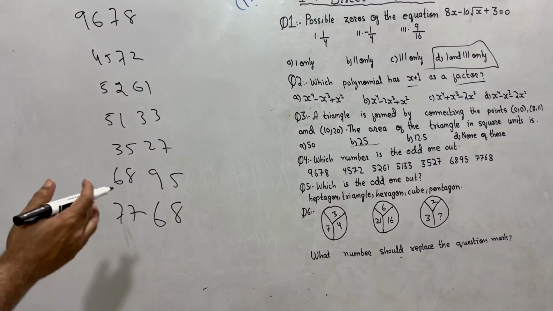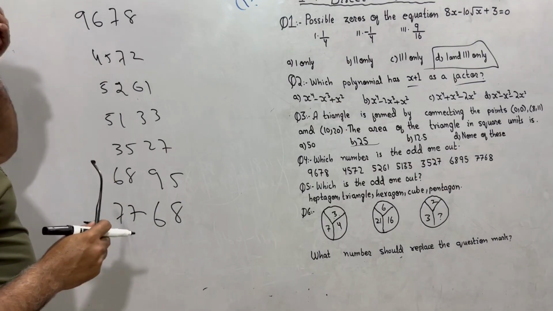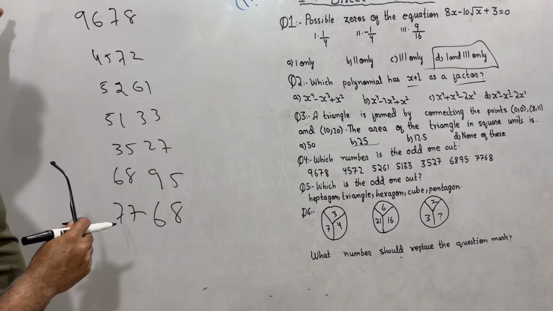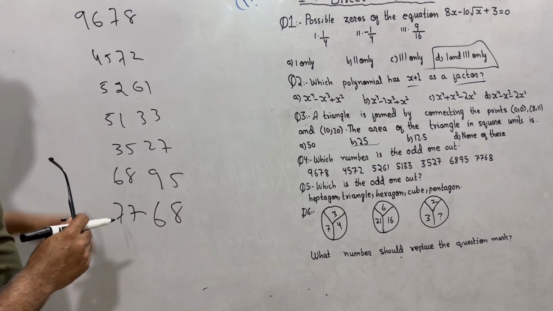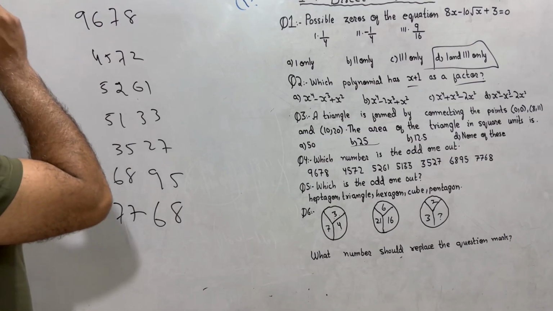What is the working rule behind this? Really very easy. How you can crack this is up to you. You can check their differences, first digit, second digit, digit to digit, whatever the case is.